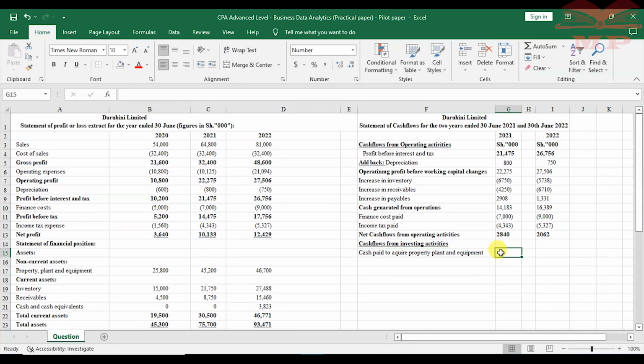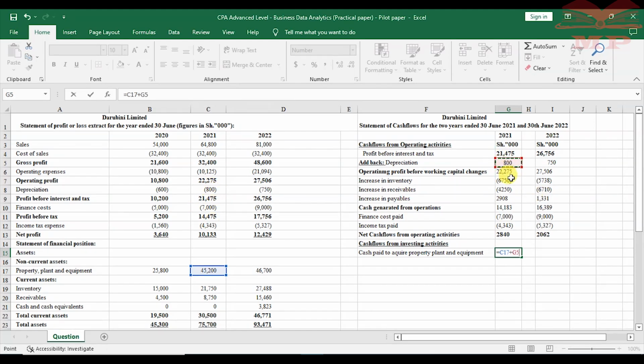So the solution will be equal sign. You take the balance at the end, that is at the end of 2021, and add depreciation that was charged during the year. I want to use this one because it is the one that will give us adding. If you use the other, it will be subtracting, which is wrong because they are in brackets. So we'll be using 800.